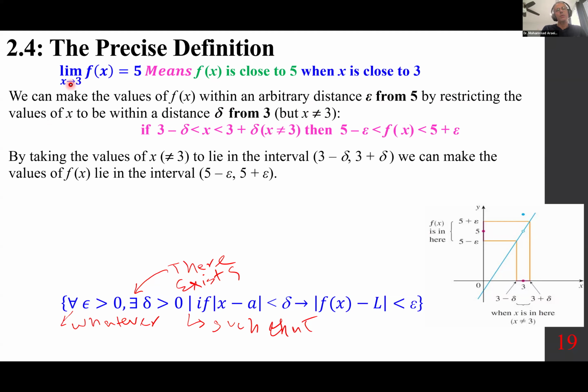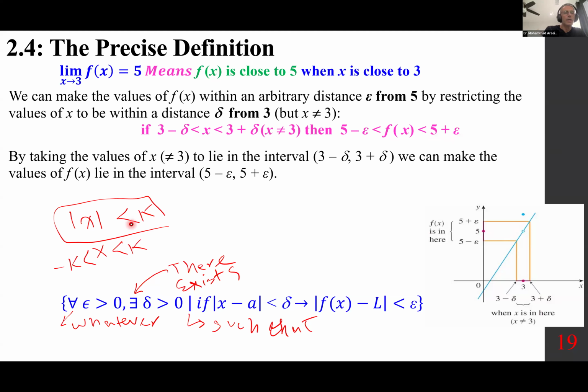Therefore, x is between 3 minus delta and 3 plus delta. That's by definition of an absolute value, reminding you, everybody, when we have absolute value of x less than k, if k is positive, x is sandwiched between minus k and k. That's the meaning of it, right? Then 5 minus epsilon is less than f of x, which is less than 5 plus epsilon. Again, same definition.